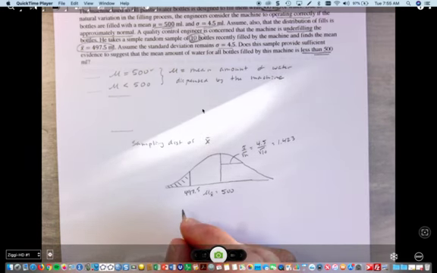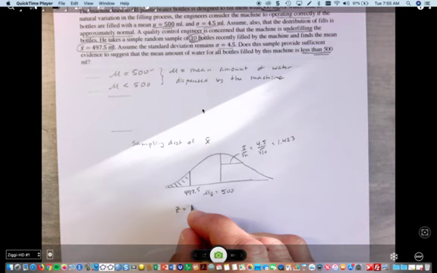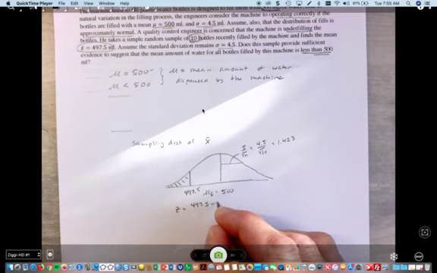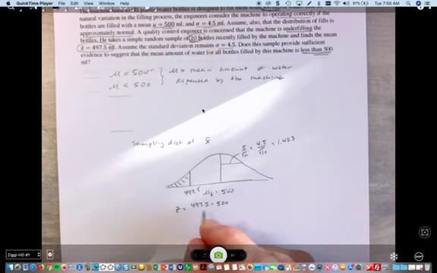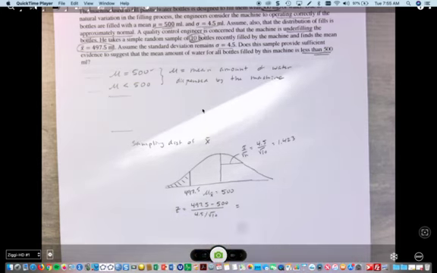A couple of things I'd like to do here. One is to calculate the z-score for this. I think it's important that we do a z-score as well. So 497.5 minus the mean, 500, divided by the standard error, the standard deviation, which is 4.5 divided by the square root of 10.